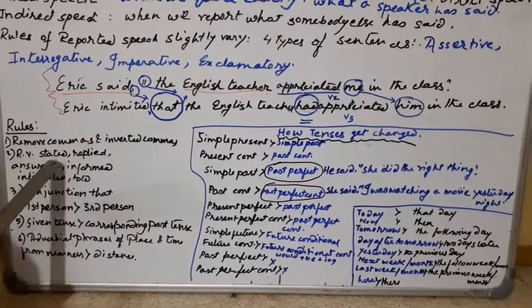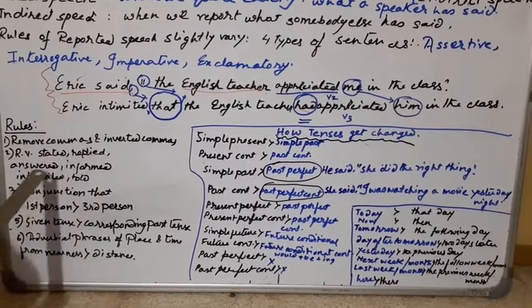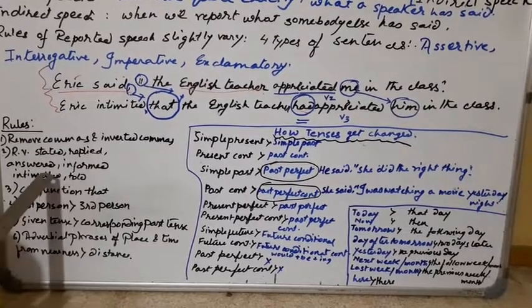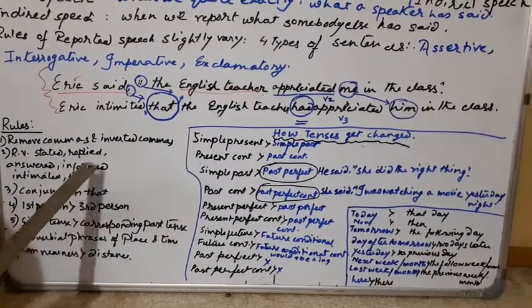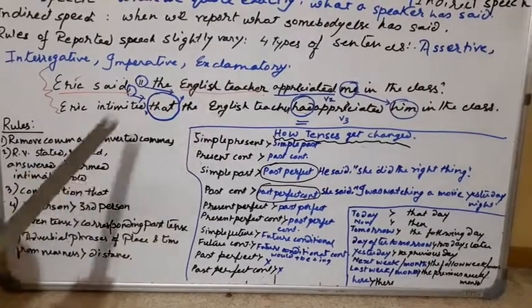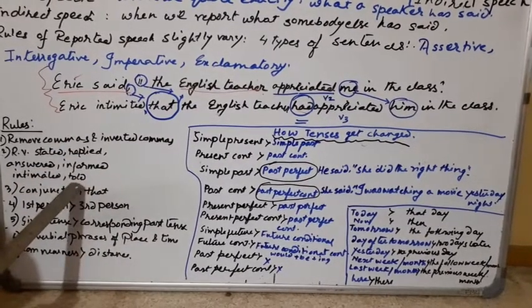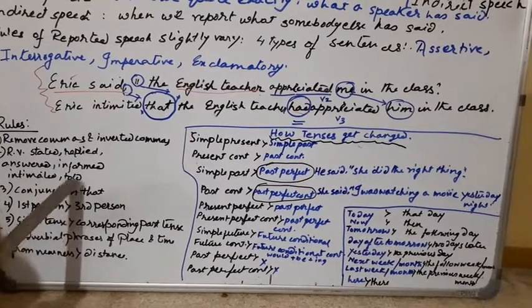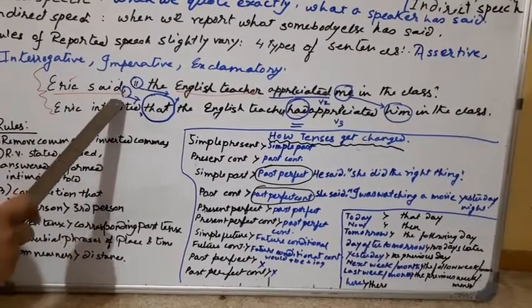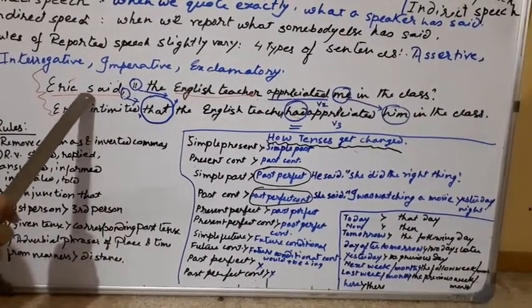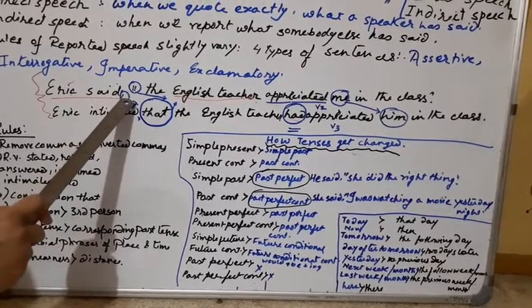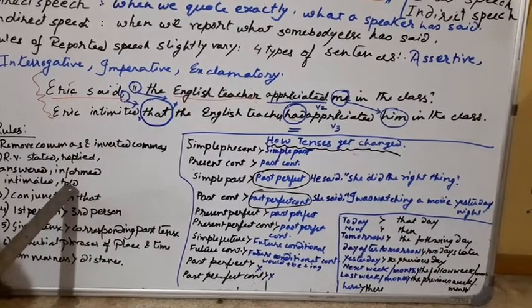the reporting word stated, replied, answered, informed, intimated, told. For assertive kind of sentences you can use, and particularly told when you know Eric said to somebody whom Eric is speaking to. Otherwise told cannot be used.